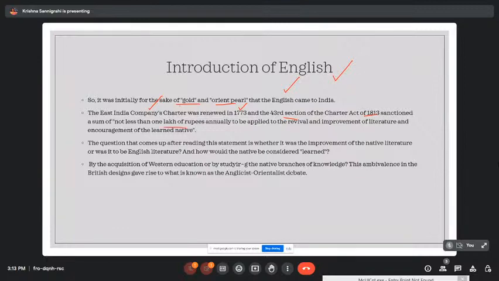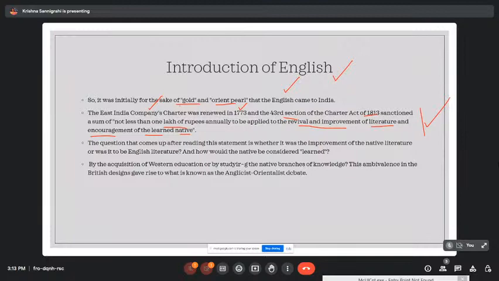For revival and improvement of literature and encouragement of the learned native. So the main idea was to develop the knowledge base of the people whom the East India Company had conquered. And it is through this endeavor that English got introduced into the culture of this country where we are now.